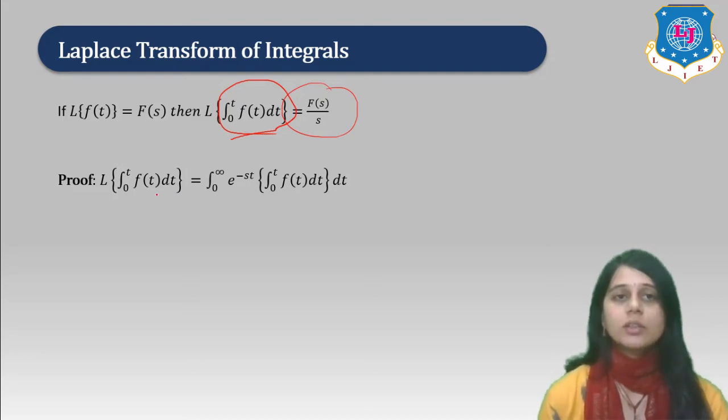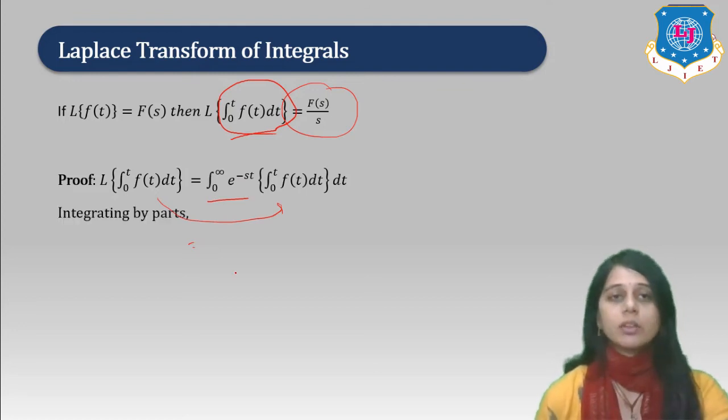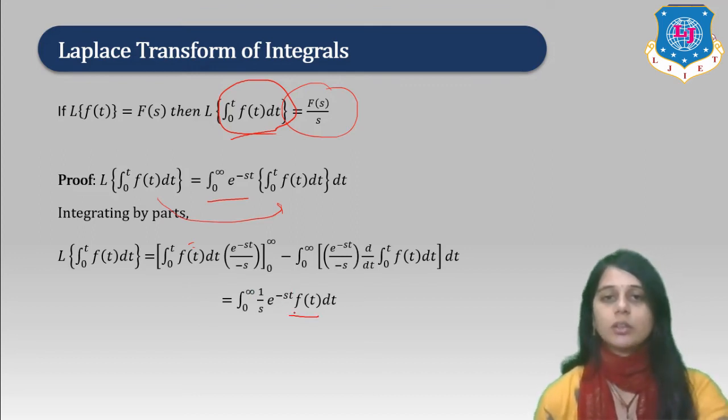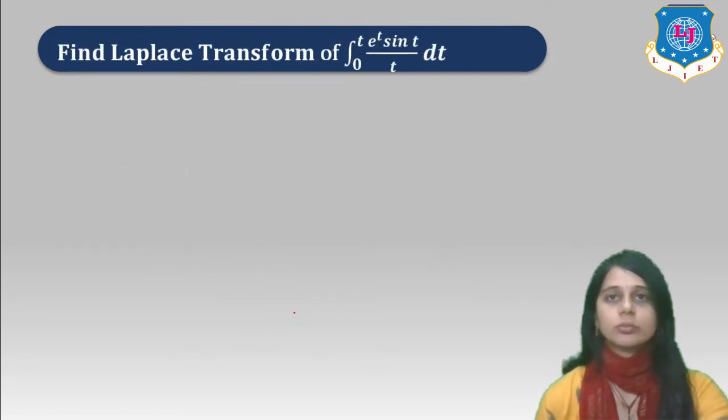We take this integral as a function and use the definition of the Laplace transform, the integral from 0 to infinity of e^(-st). And integrating by parts, we get the integral from 0 to infinity of 1 by s e^(-st) f(t) dt. So the answer is F(s) by s.